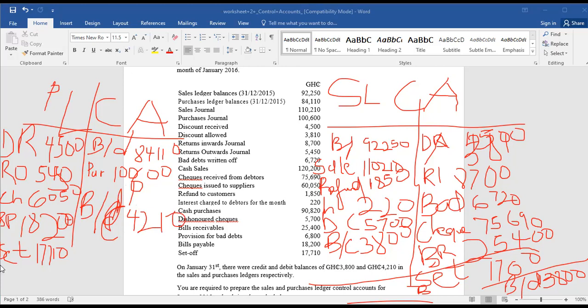And so when you finish and you sum this side and this side up, there'll be a balance because they said a debit balance. The balance brought down is the balance of 4,210. So then you sum everything here and send it here.